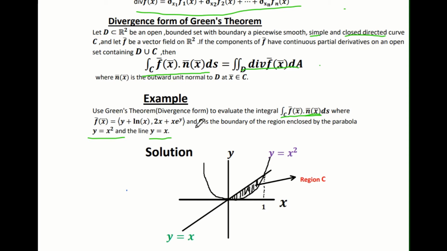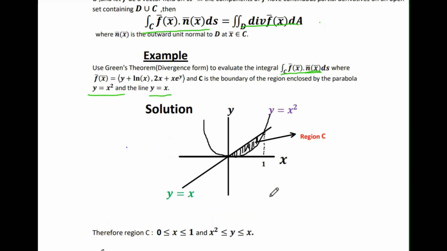If they say C is the region enclosed by these two graphs, you have to draw these graphs in order to see where X moves from and to and where Y moves from and to. I have already drawn my graphs here. You can see that the upper graph is the graph of y equals x squared, and this is y equals x.